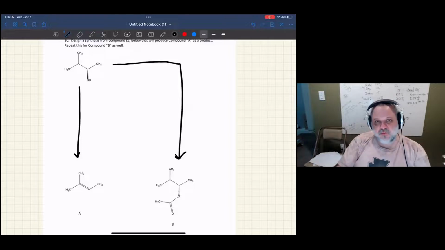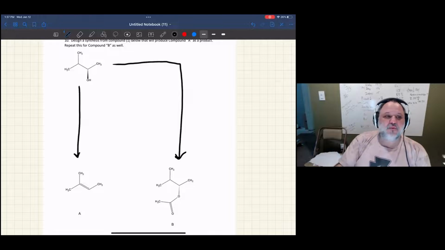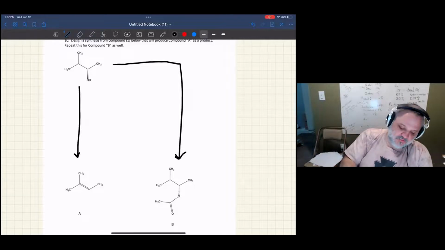To figure out which, I have to look at the reactant. The reactant is an alcohol. So I can't use a base because the alcohol isn't a good leaving group. I need to make the alcohol into a good leaving group in order for it to leave. So that's going to lead me to the acid consideration.